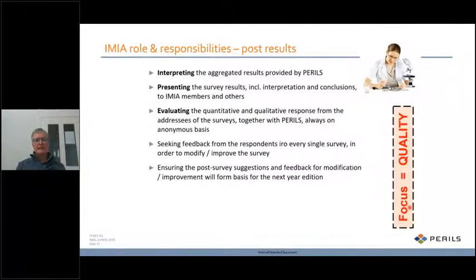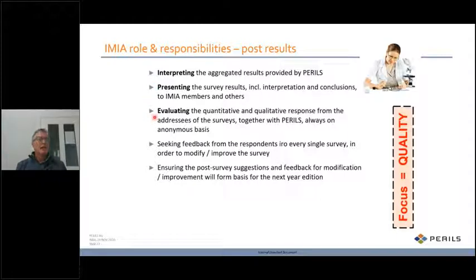On the next slide then, IMIA steps back again into the workflow and interprets the aggregated results provided by Perils, presents them as you have seen already during the IMIA virtual conference in mid-September, can derive some conclusions and raise discussions on different topics with IMIA members.